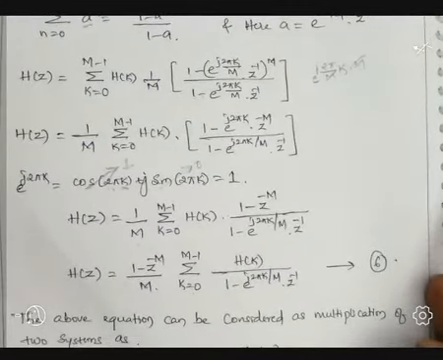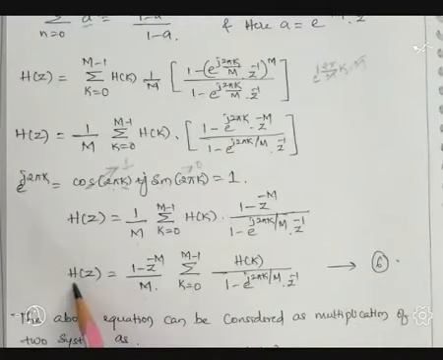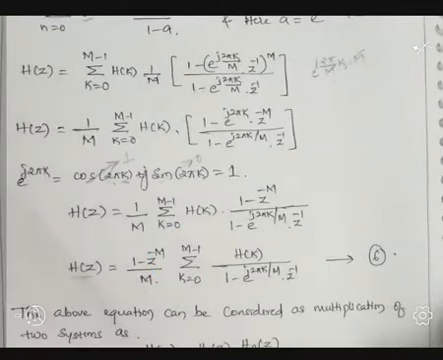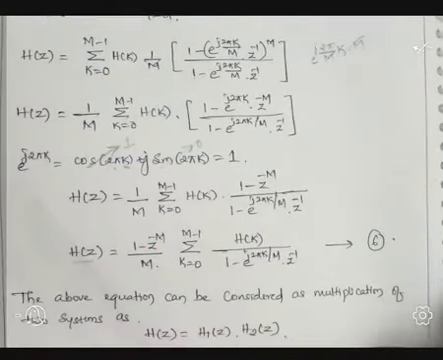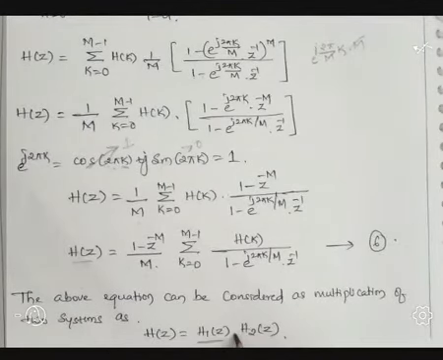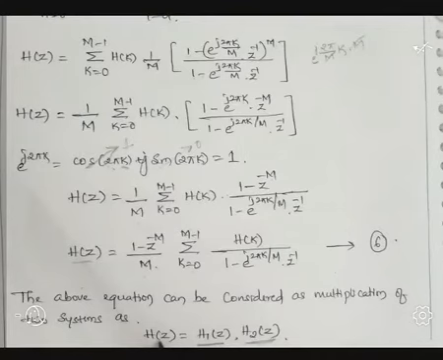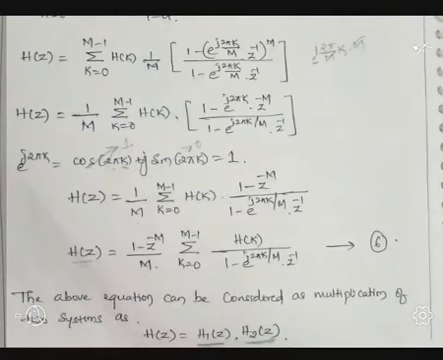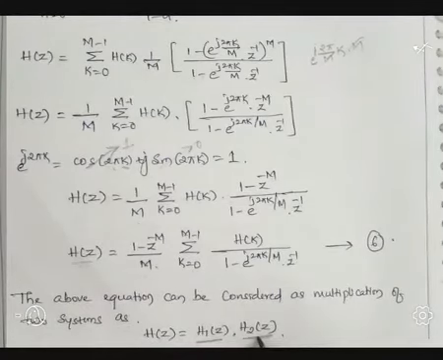Now I am going to split this H of z into two subsystem functions, H1 of z and H2 of z, arranged in cascade or in series, the product of these two subsystem functions. I divided the transfer function H of z into two subsystem functions H1 of z and H2 of z in cascade format.